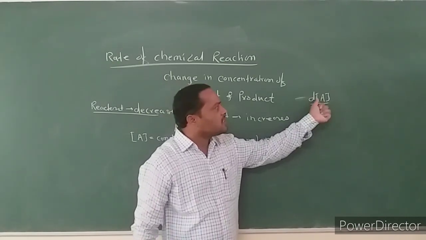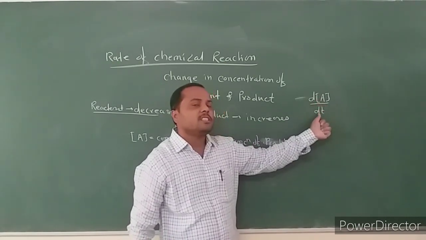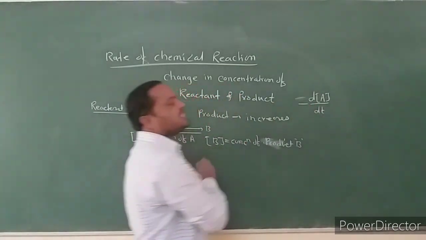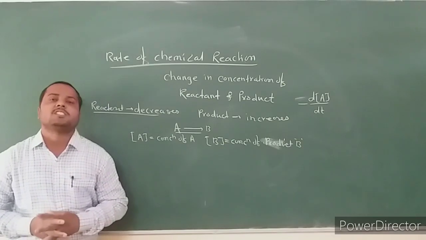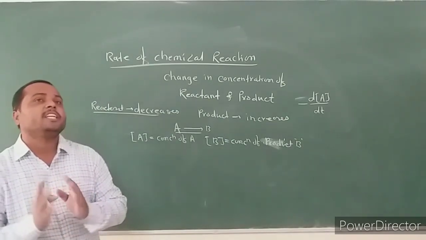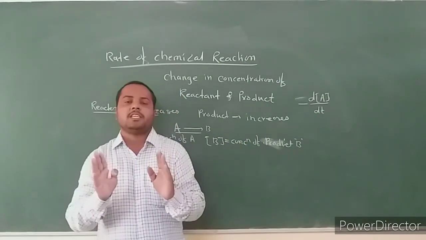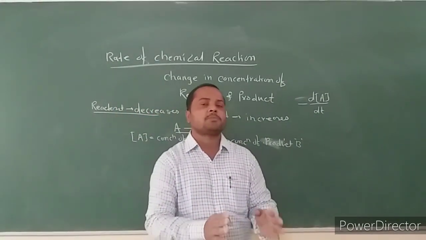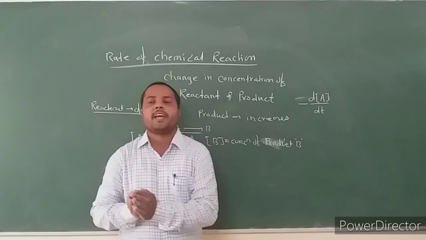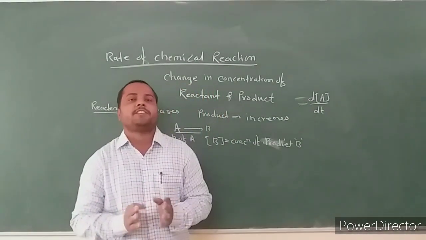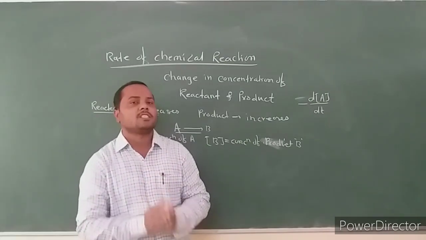But generally the concentration of reactant decreases, and the decrease is represented by a negative sign. The negative sign does not mean the rate of reaction is negative; it expresses that the concentration of reactant is decreasing. Minus d[A] upon dt is the rate of reaction in terms of decreasing concentration.